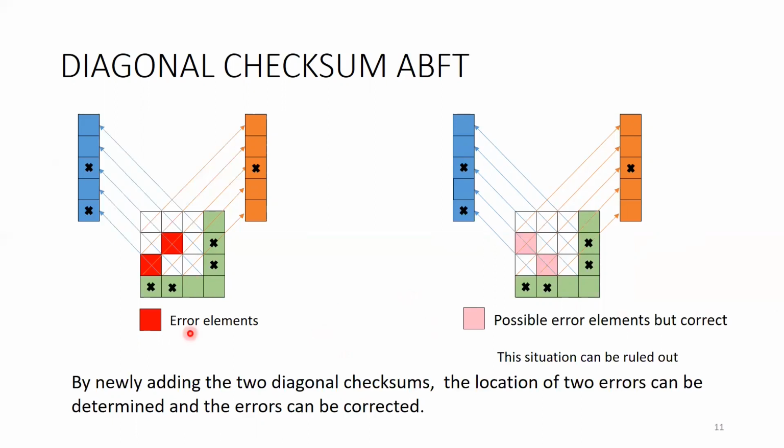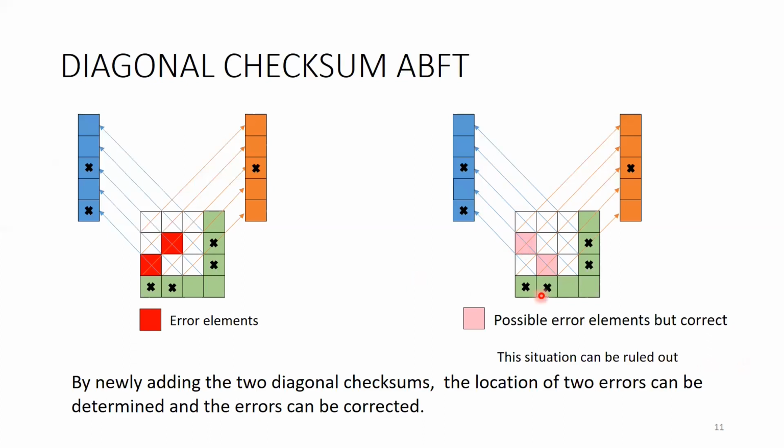Since there is no error in the elements of the pink blocks, the sum of the diagonal elements through the pink blocks is equal to the corresponding diagonal checksum. The diagonal check line will not be marked.